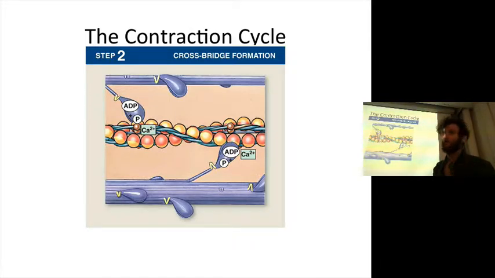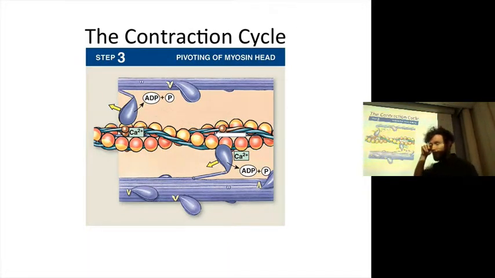That formation of a cross-bridge, that interaction between the head group and the active site is going to cause a shift in the molecular arrangement of that head group that's going to allow two things to happen. It's going to allow the energy that has been stored in the hinge region to be released, and thus causing that head group to snap forward.